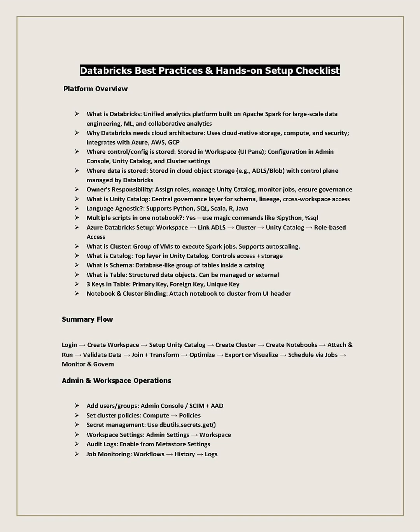Okay, this is something that often trips people up early on. Where do things like configurations and controls live versus where the actual data sits? Yeah, that's a super important distinction. So the control plane, think user settings, cluster rules, Unity Catalog setup, all that workspace stuff, lives within the Databricks service itself. Right, access through the UI, admin console. Exactly.